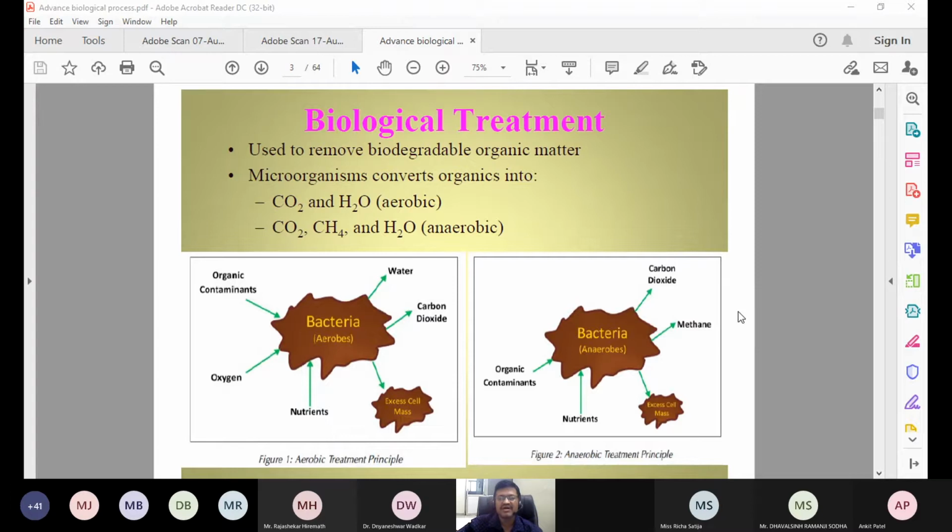Which one has a higher organic content? First bottle or second bottle? The second bottle. Yes, the second bottle has the higher organic content.